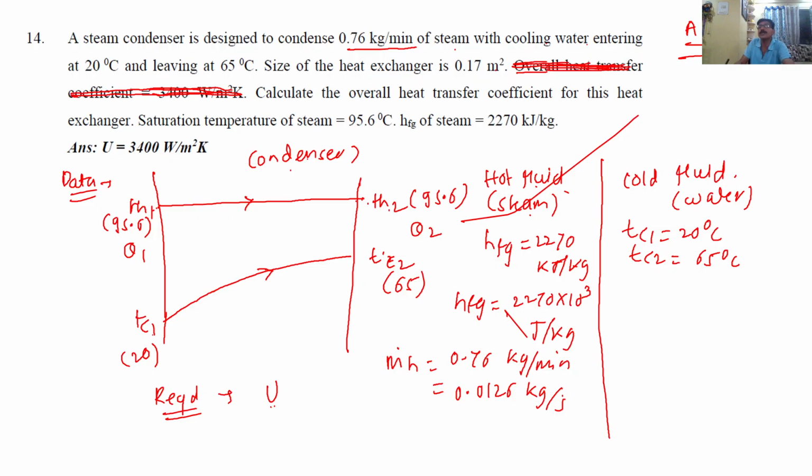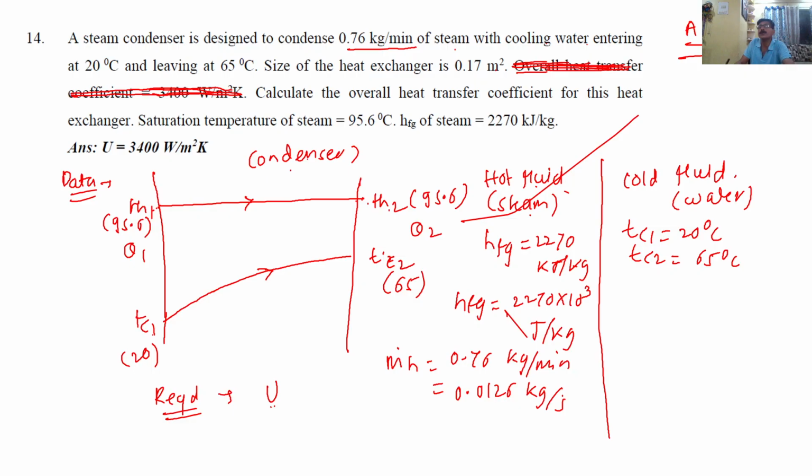CH is less than CC. So CH becomes C minimum and CC becomes C maximum. So CH is 699.93 and C max is 3499.86. Okay, so this is C minimum and this is C maximum.